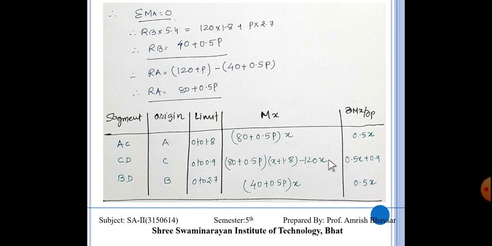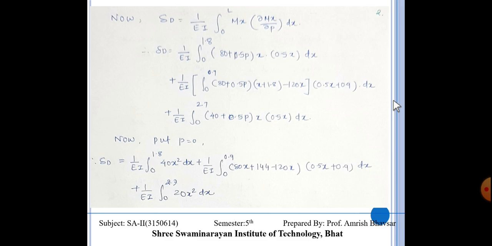Now what are we going to do? We are going to integrate these two multiplications and we will find the deflection at D. That's why delta D is equal to 1 upon EI integration 0 to L Mx into del Mx upon del P into dx. Now we have to put the equation values in this equation.